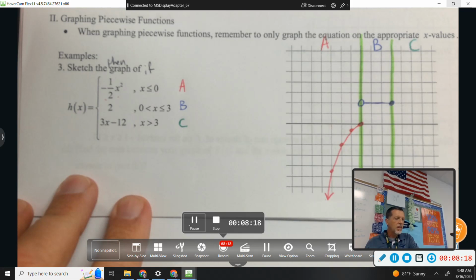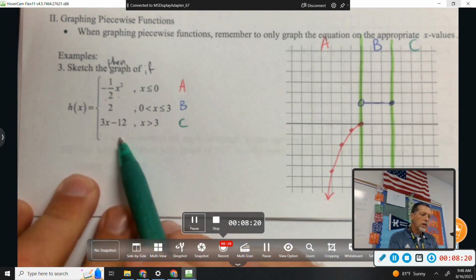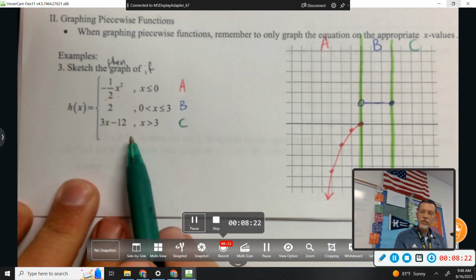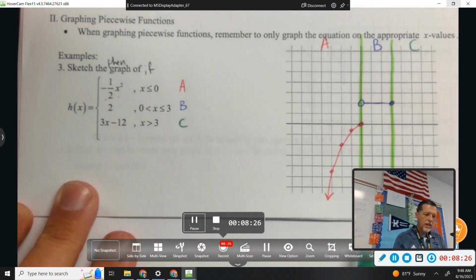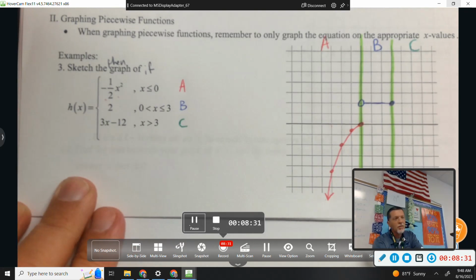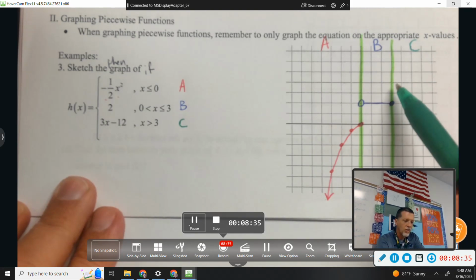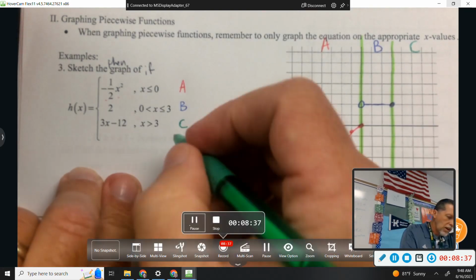And then part C, 3x minus 12. If I was graphing it normally, I'd start it down 12 and go up 3 over 1. But a couple of problems with that. This graph doesn't even go down to 12. And I'd be in the wrong neighborhood if I started it down 12. So I think I'm just going to start at 3. Plug in 3.